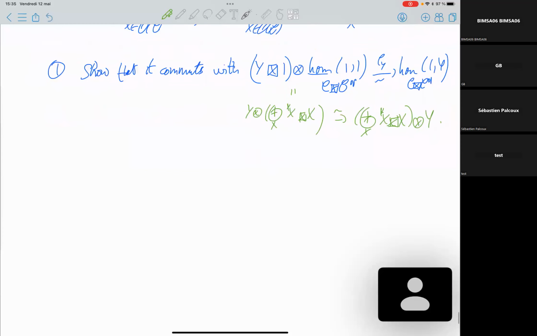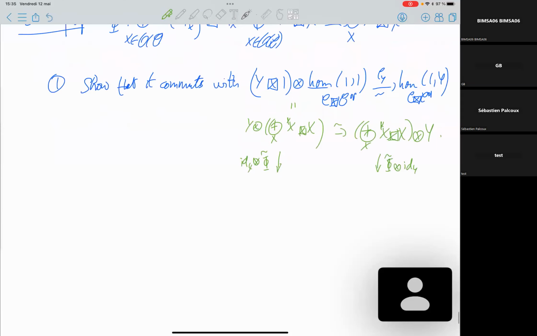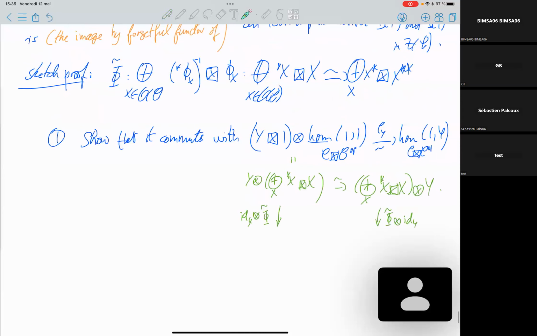So commute, you may need that if you apply here identity tensor this big phi, and here big phi tilde identity. So you apply this here, this one.